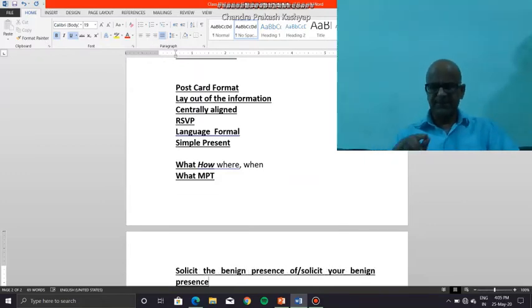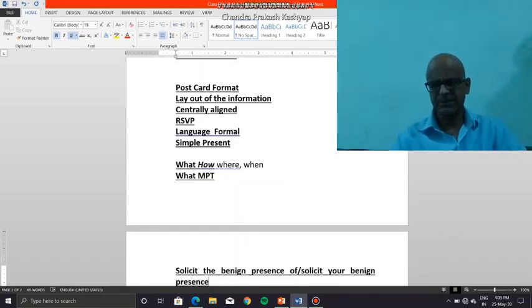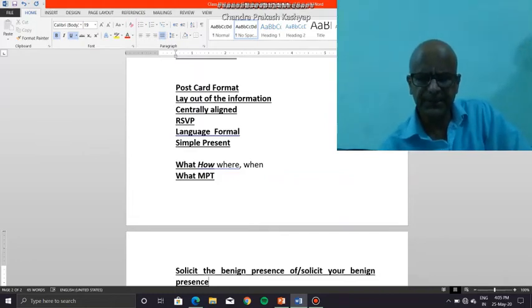This is of course one of the opening sentences in a formal invitation. Now there is a purpose why I have given these two options, and we have to find out which is more formal.